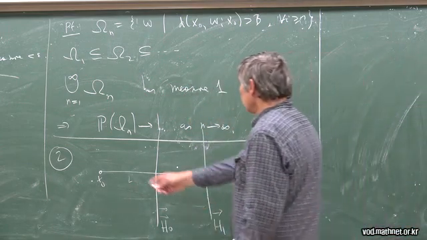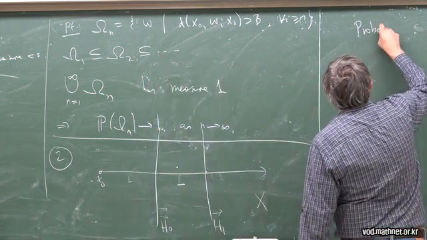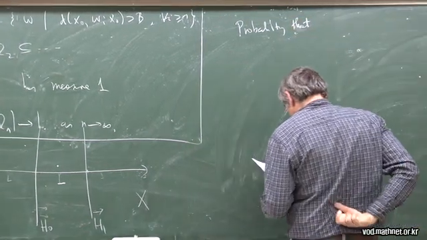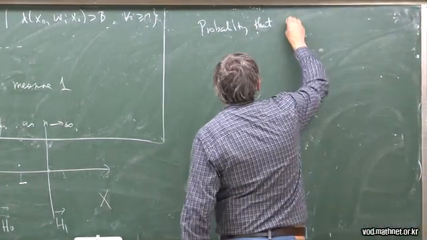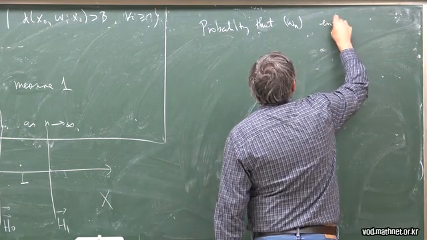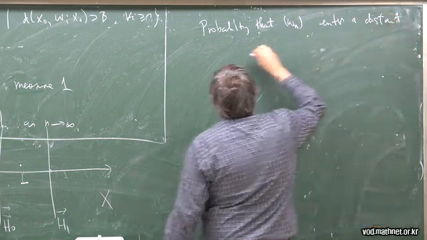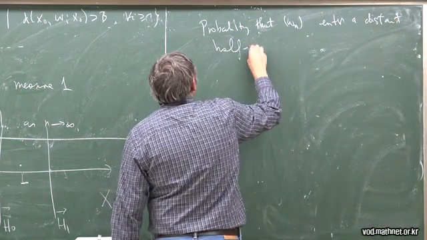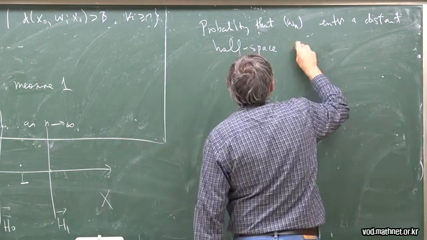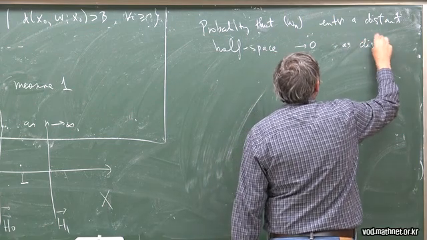Okay, so statement 2 is that the probability that omega n enters a distant half space goes to 0 as the distance goes to infinity.